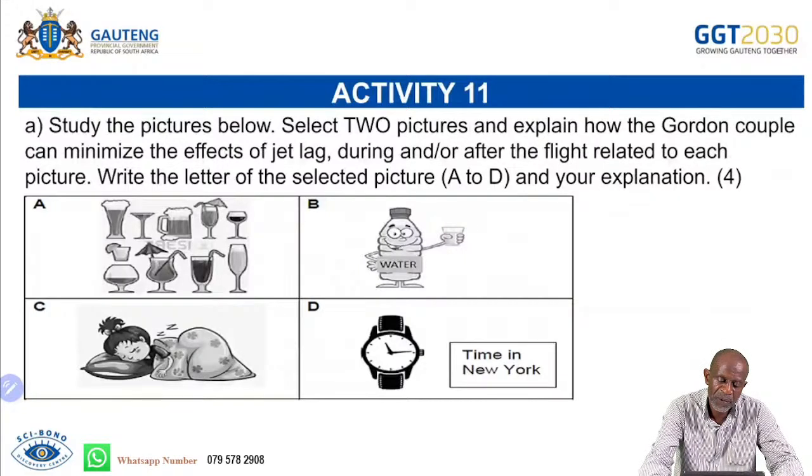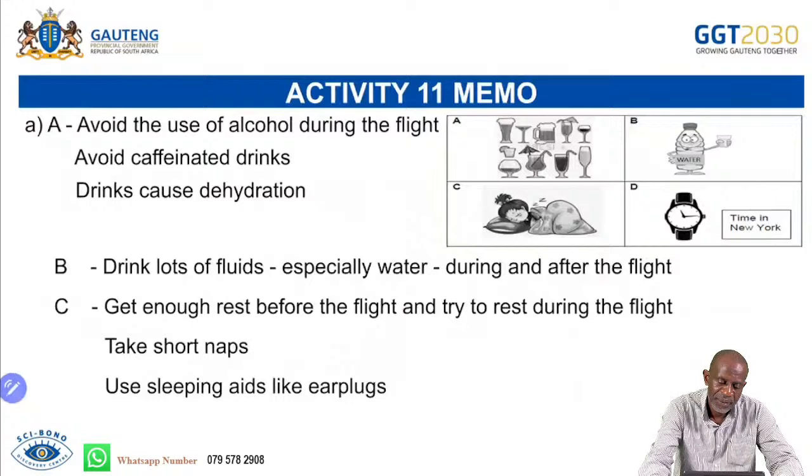Study the picture below. Select two pictures and explain how the Gordon couple can minimize the effect of jet lag during and or after the flight related to each picture. Write the letter of the selected picture, A to D, and your explanation. Number A, avoid the use of alcohol during the flight.